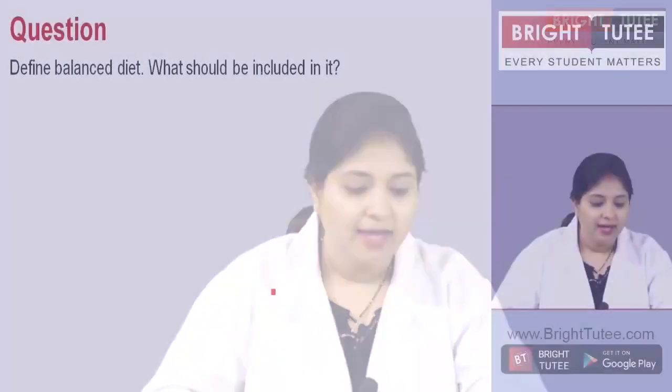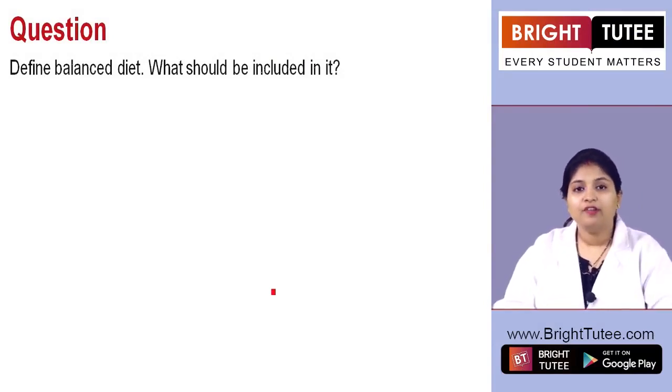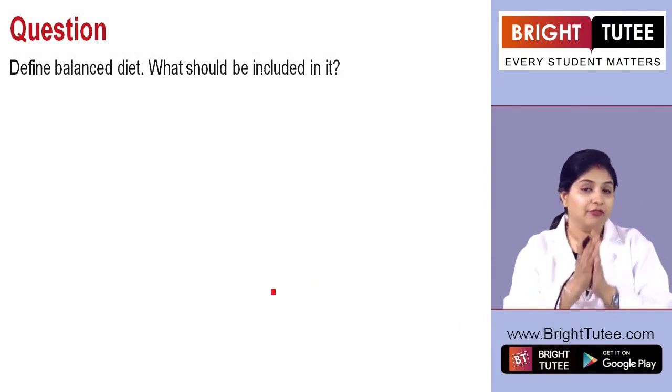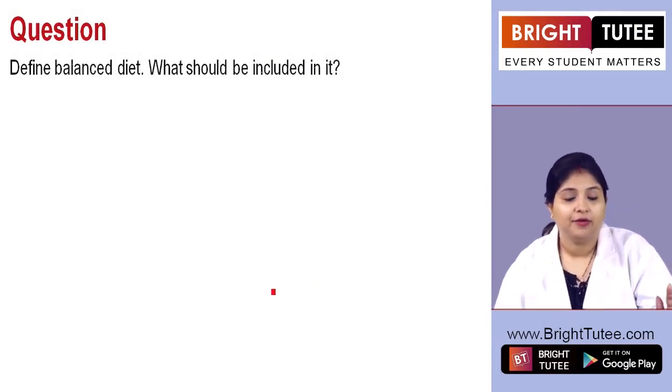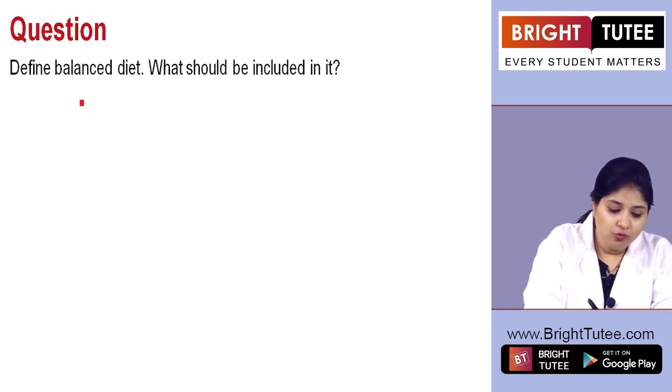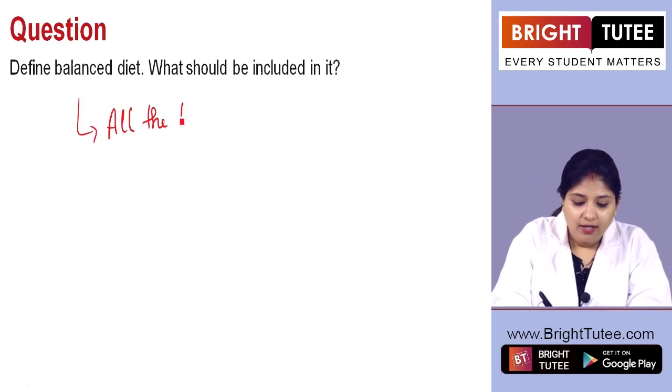So now let's understand. The first question is, define balanced diet. What should be included in it? First of all, let's define balanced diet. We have studied about it. We have understood that balanced diet is the diet that we take which includes all the nutrients in the right quantity.